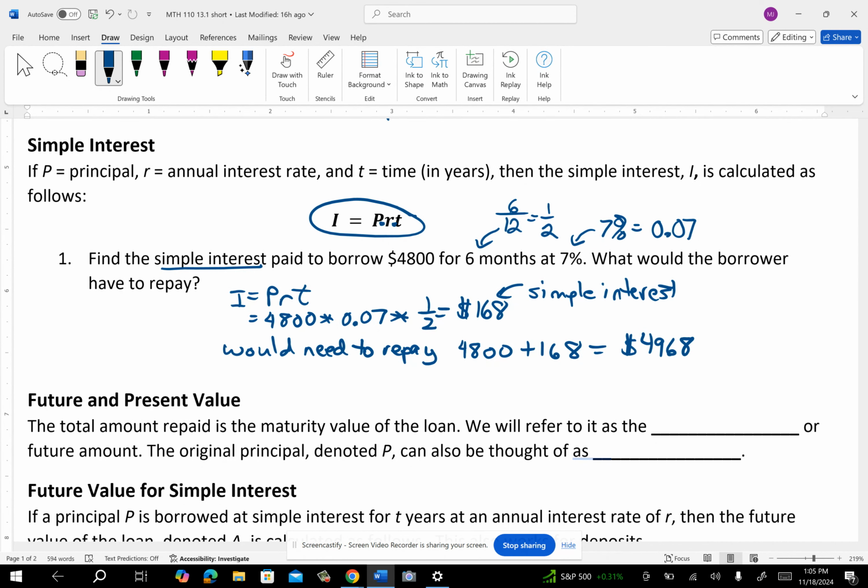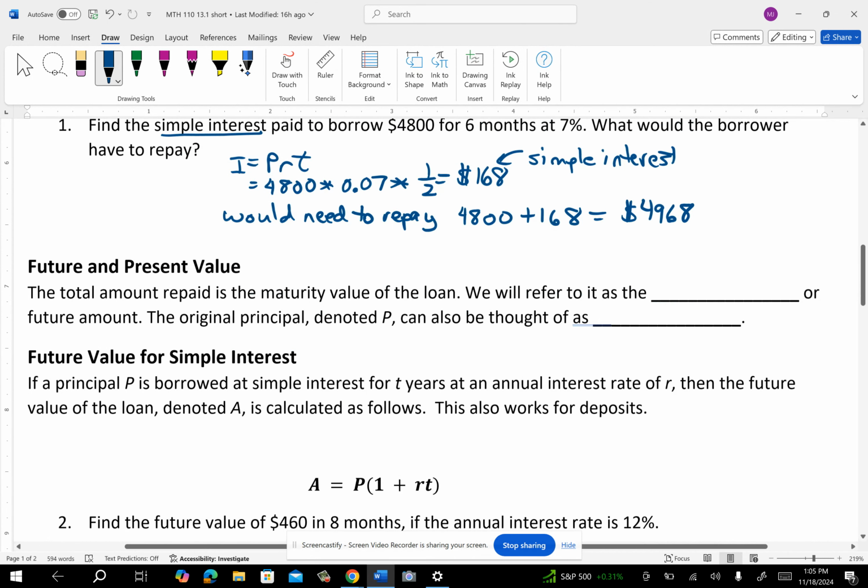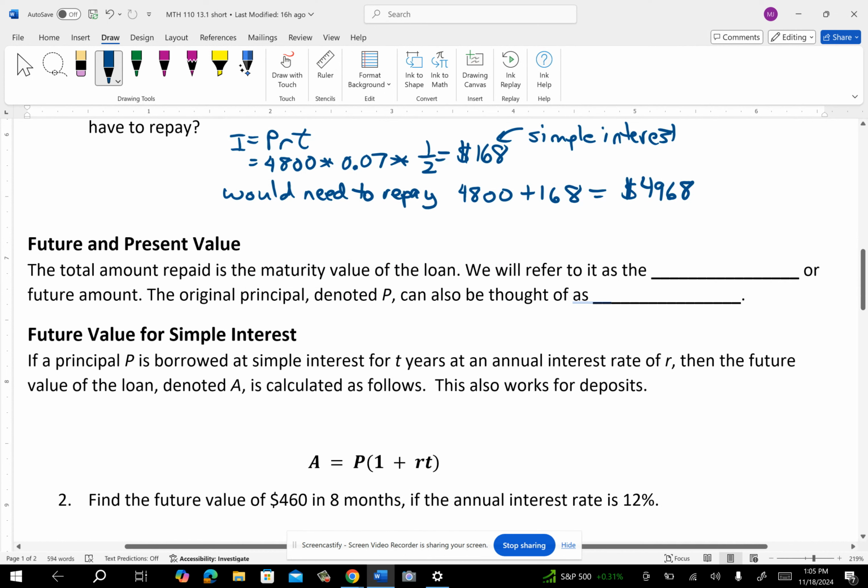So the total amount that you repaid, that's the maturity value of the loan. It's going to be referred to as the future value or future amount, and that amount, that's where the A comes from in the formula that we're about to do.